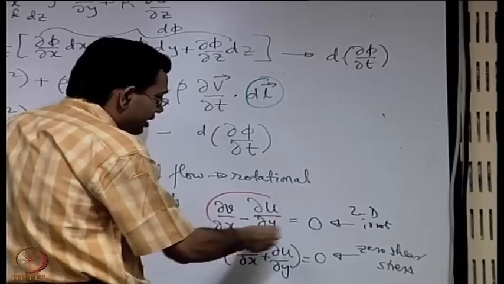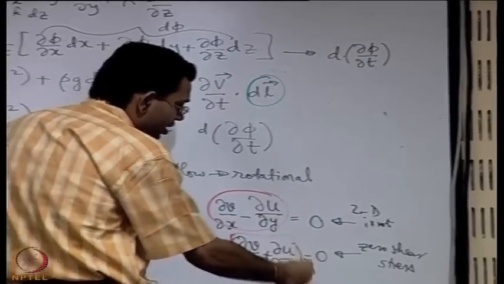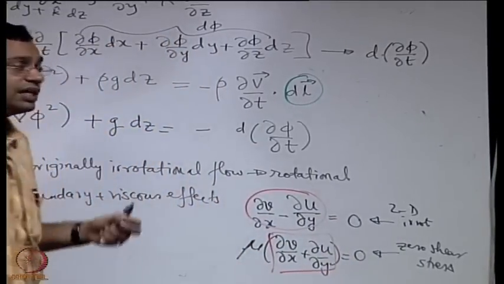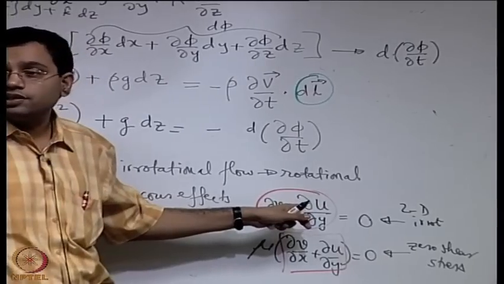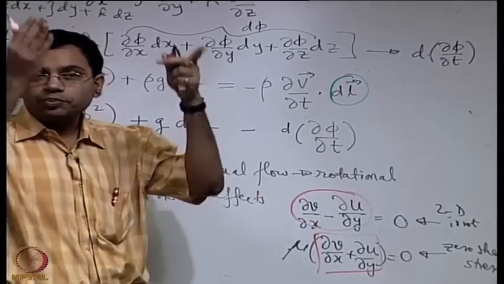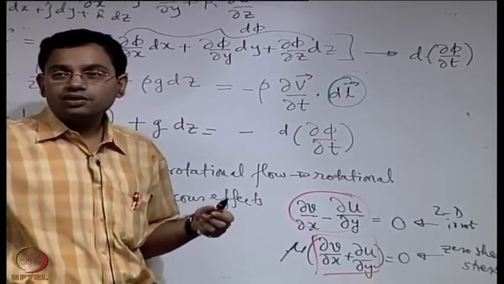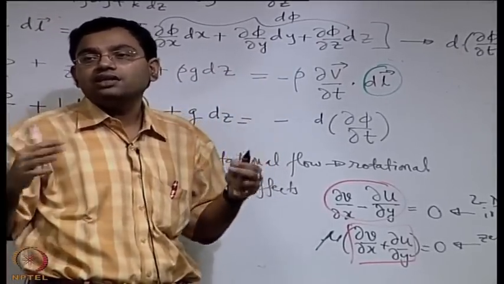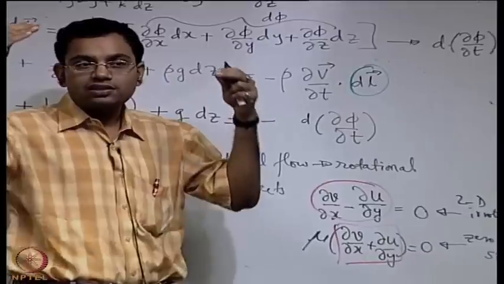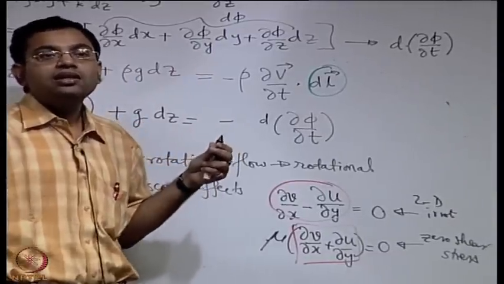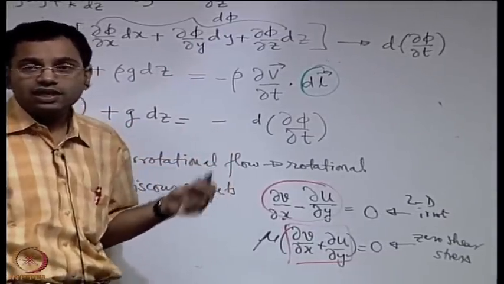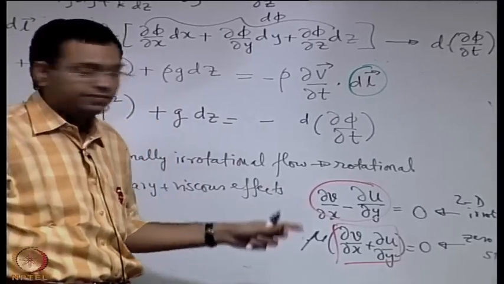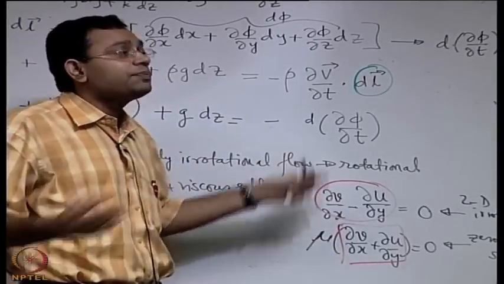If you ensure that this is 0, this is not ensured to be 0, until and unless these two terms are individually 0. We have seen such an example where you have a fluid element which was originally of a particular orientation, it does not change anything angularly, it just gets stretched along one direction and reduced in length along the other direction. That example we saw in the previous class, but that is a very special case.